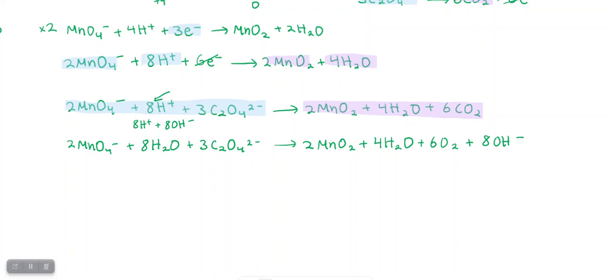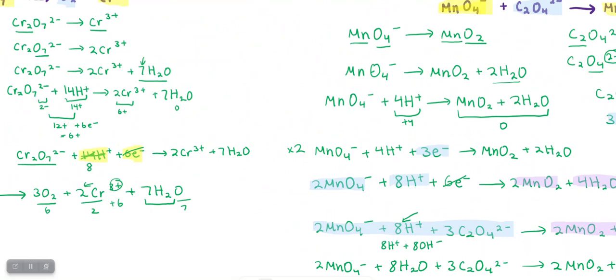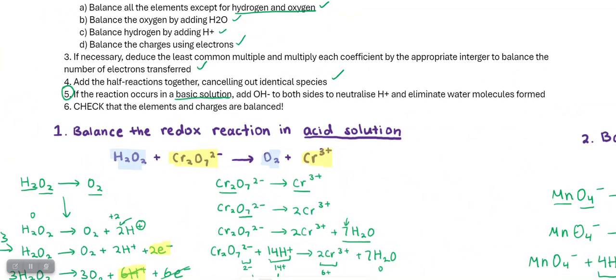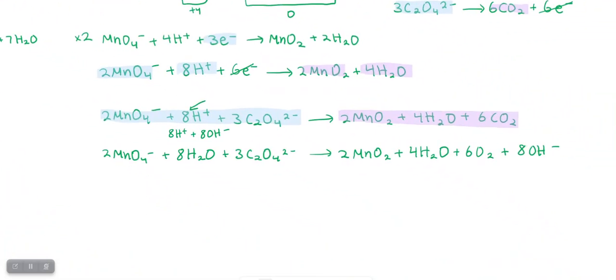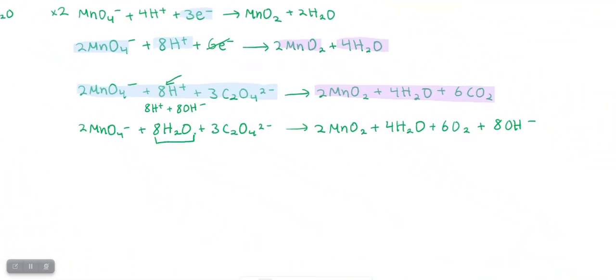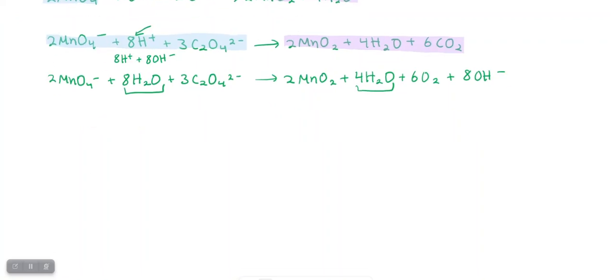And then our final step is to eliminate the water molecules formed. So because we formed 8 molecules of water here and we have 4 on this side, we can just eliminate this 4 and then change this to a coefficient of 4.